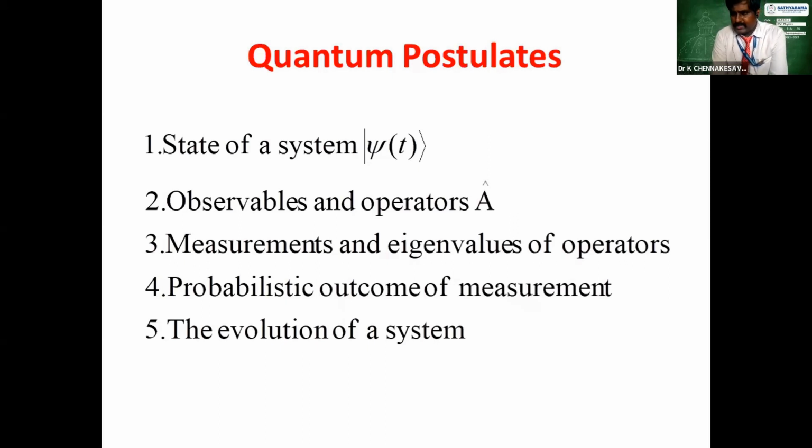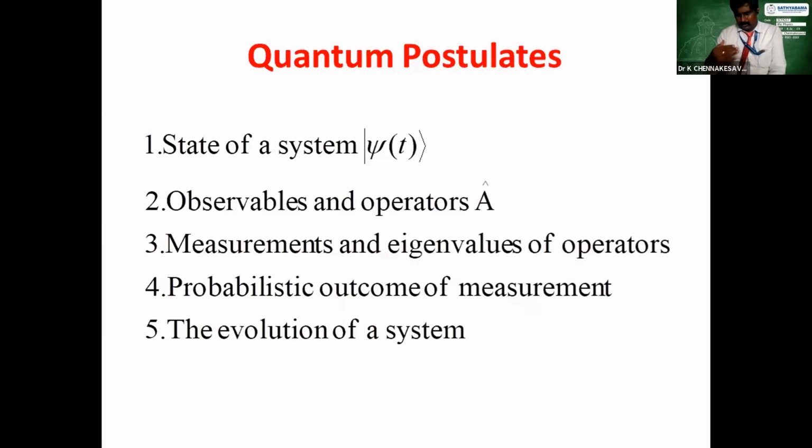We have seen what is observables and operators. Observable is a physical quantity which can be measured. An operator can be calculated by certain operations. And here measurement of eigenvalues with the help of eigenfunctions. And probabilistic output of a measurement, that is in quantum postulate 4, and the evolution of a physical or chemical system here. Okay, these are the 5 quantum postulates.